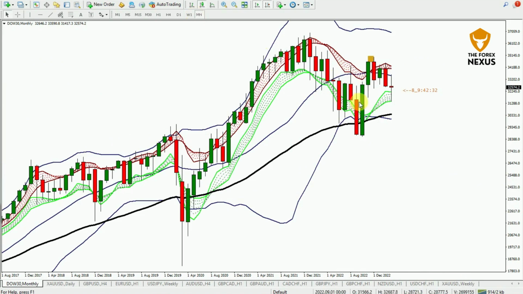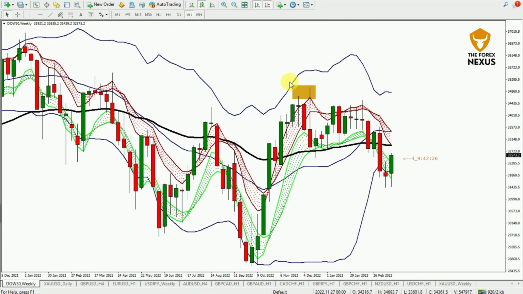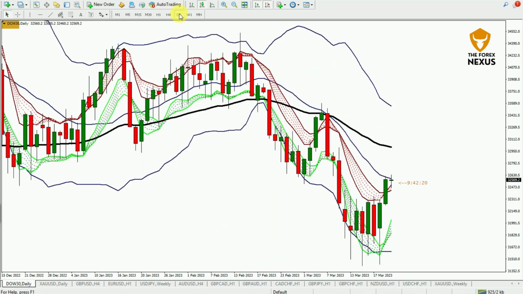So now on the monthly time frame we got a CSD. On the weekly time frame we got a Bollinger Band curve shape. On the daily time frame the Bollinger Band is flat, we didn't get any momentum, and the market is coming down for a re-entry.